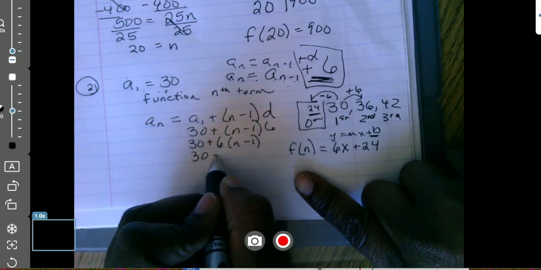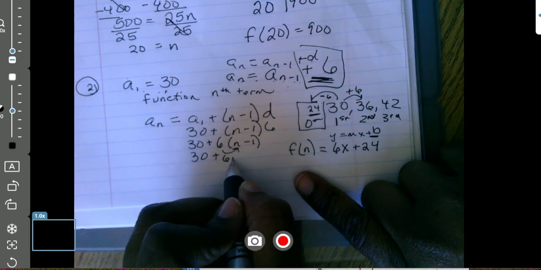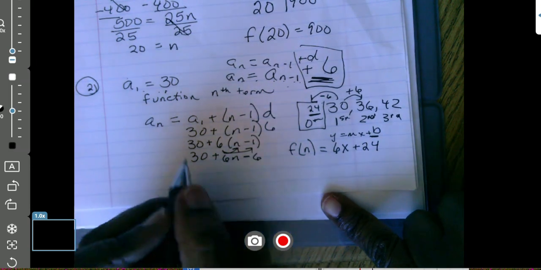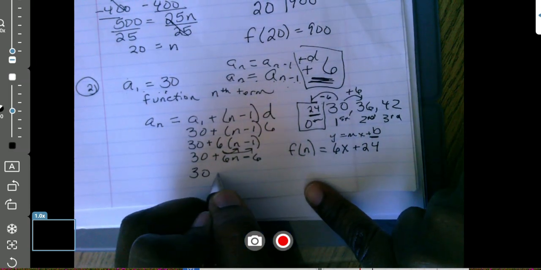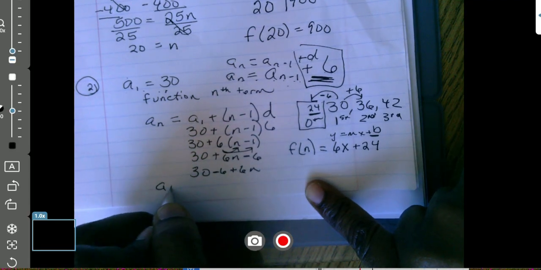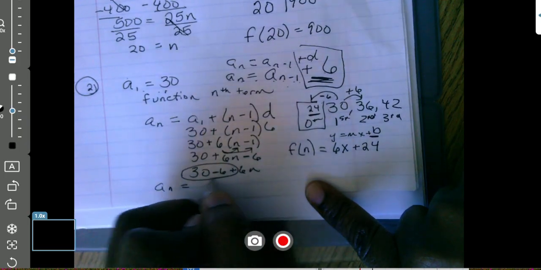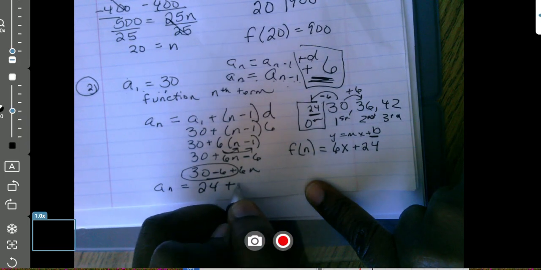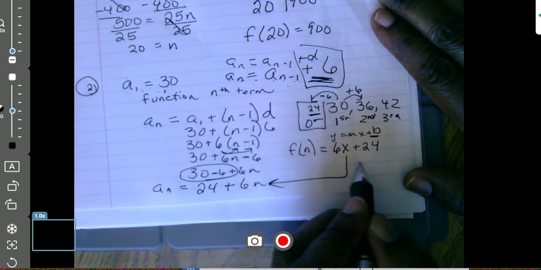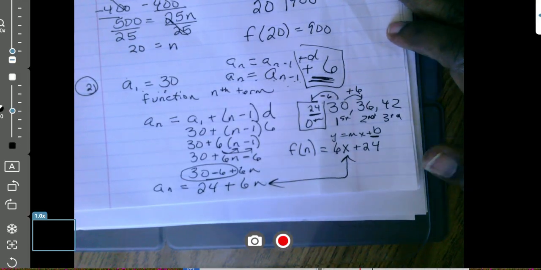So this is going to be 30 plus, distribute here, 6n, distribute there, minus 6. That's going to clean up to be 30 minus 6 plus 6n. So a sub n is going to be equal to, these two combined, 24 plus 6n. Look at that. The same equation.